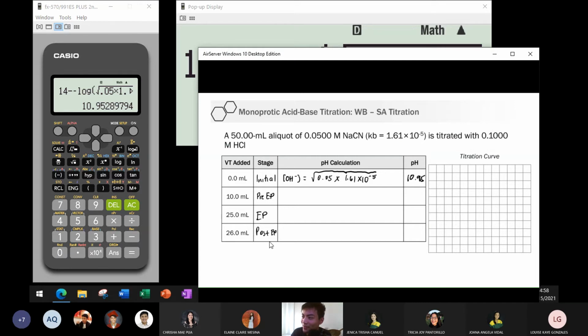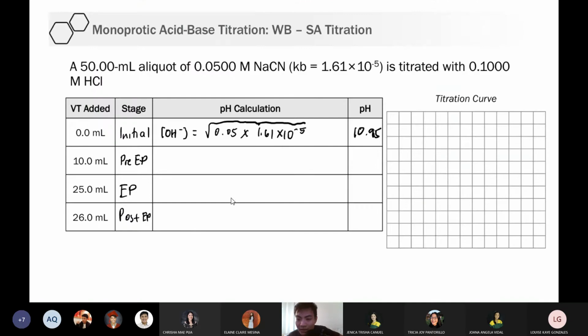Okay, so anyway, let's proceed with the next one. We are at the pre-equivalence point. Ibig sabihin, buffer. So the equation for this one is the buffer equation: pOH equals pKb plus log of the conjugate acid, which is MTVT, over the base, which is MAVA minus MTVT.